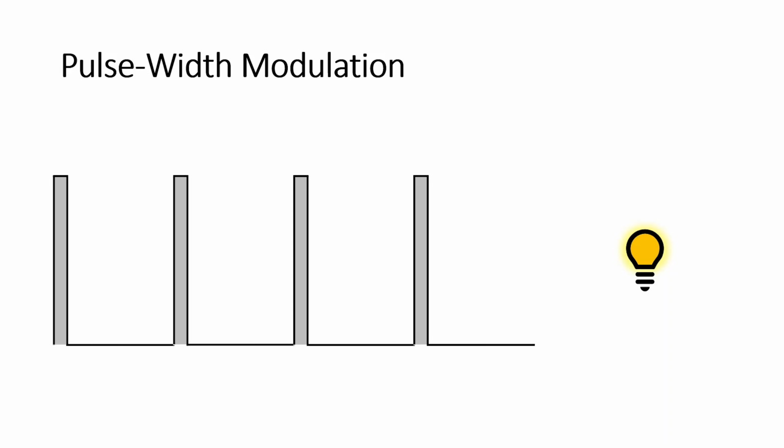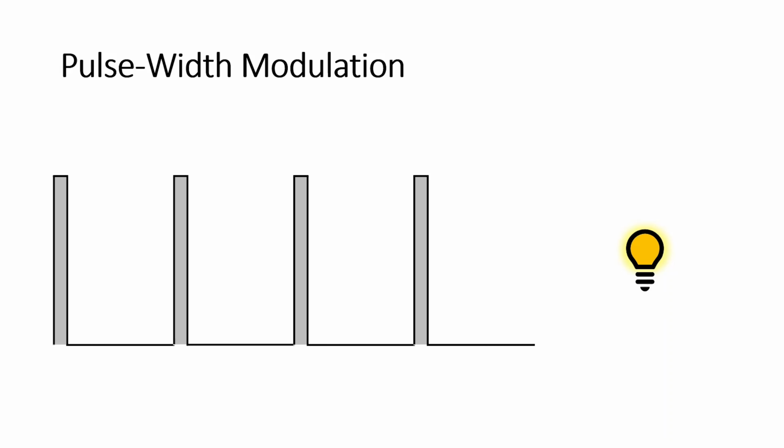You want to create an output signal that you can vary, but you can only actually turn it on and off. So what you do is, over time you turn it on and off in a certain way so that the overall output power is somewhere in between. Here the output power is pretty low.